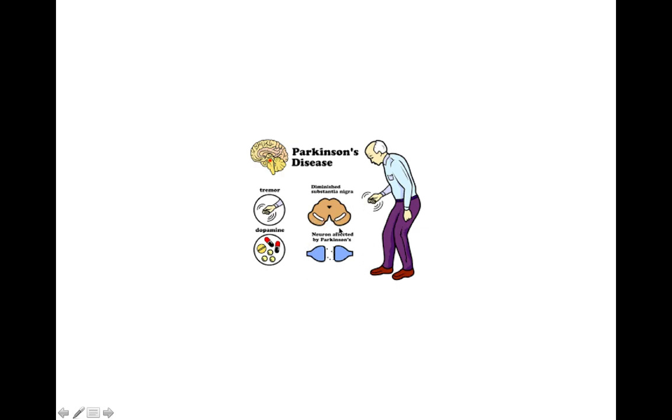So there is a deficiency of the dopaminergic neurons resulting in Parkinson disease. So we'll treat the patient with dopaminergic drugs in order to improve the symptomatology.